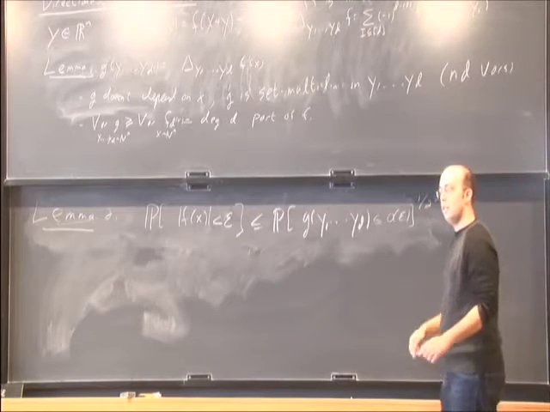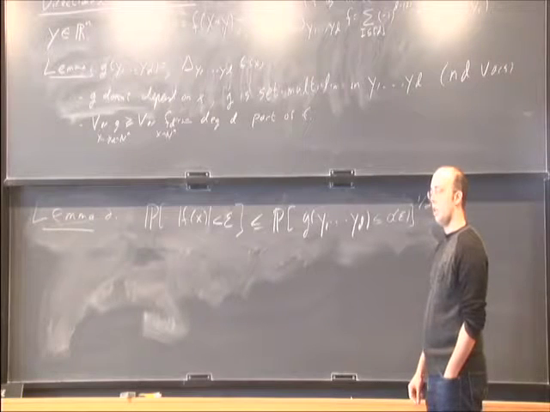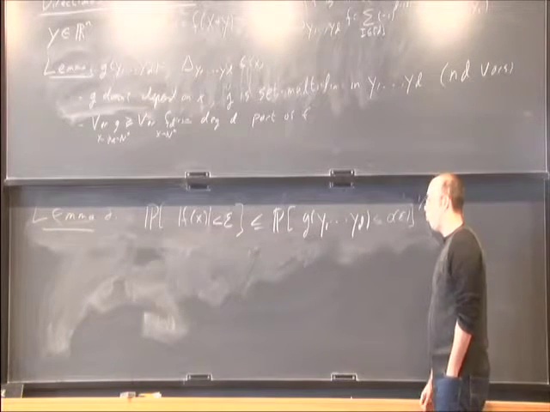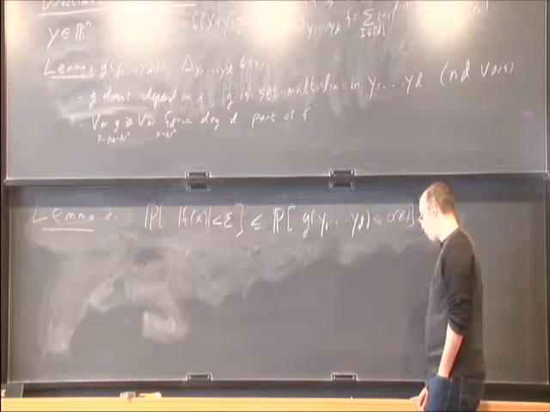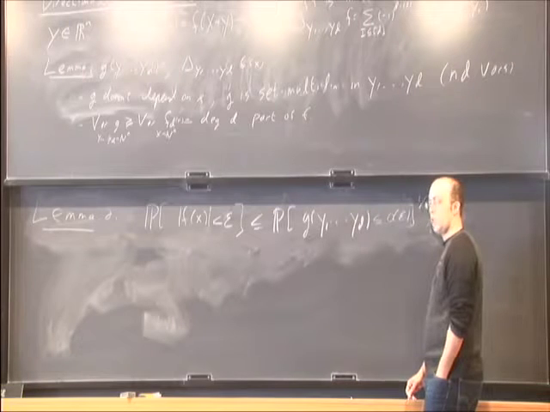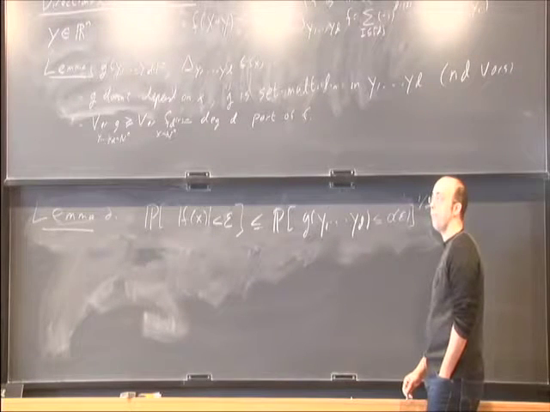Do you know what the correct anti-concentration bound for set multilinear Gaussian polynomials is? Thinking for 2 seconds, I couldn't see how to get something even as bad as epsilon to 1 over d. It's a good question. I thought about it, I'm not sure. Could be epsilon as far as we know.